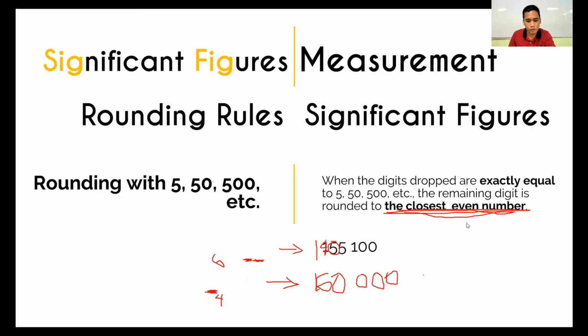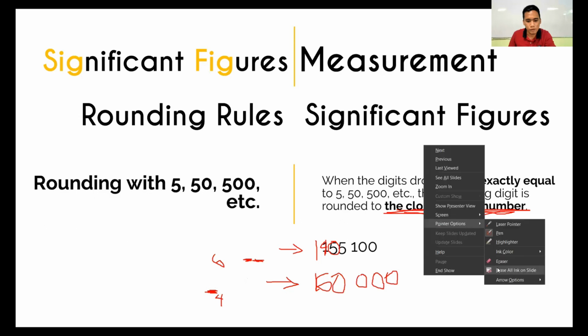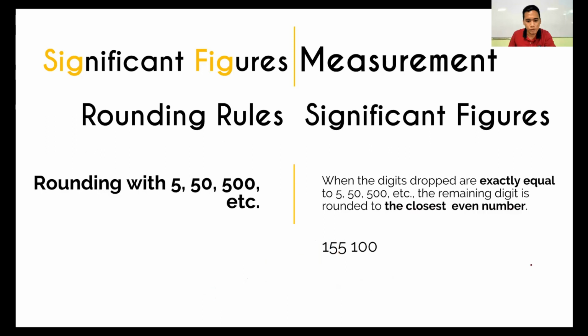So what if, in this case, 155,100, we round to its nearest 10,000s. That example earlier is for exactly 5, where there is no succeeding number, if it is really just 5 followed by 0, 0, 0.